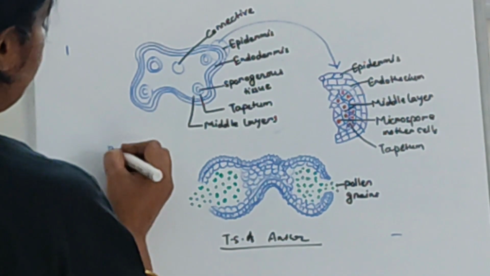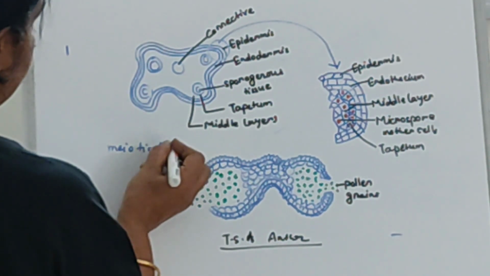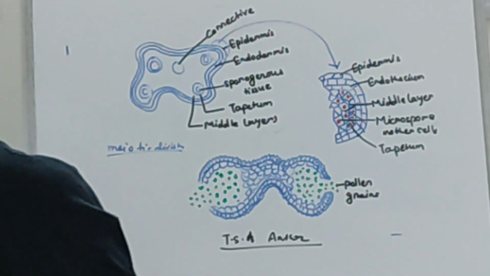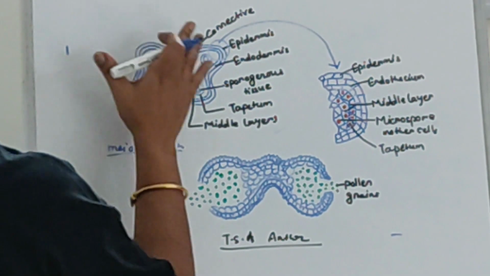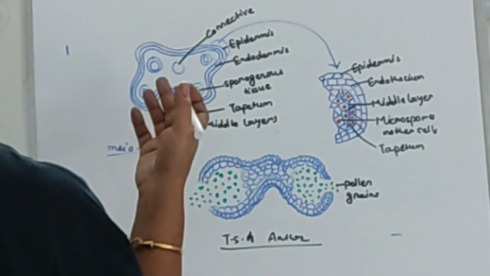Meiotic division takes place, and the microspores form a microspore tetrad. What does the anther do on development? The sporogenous tissue undergoes meiotic division to form microspore tetrads.